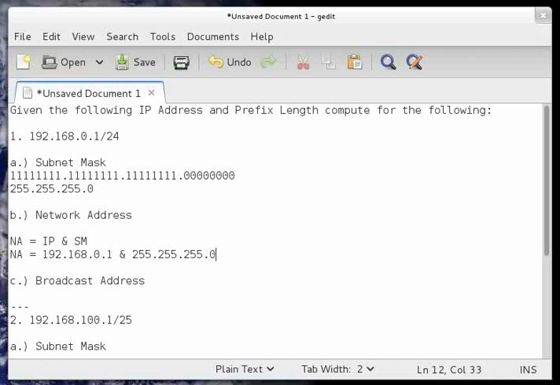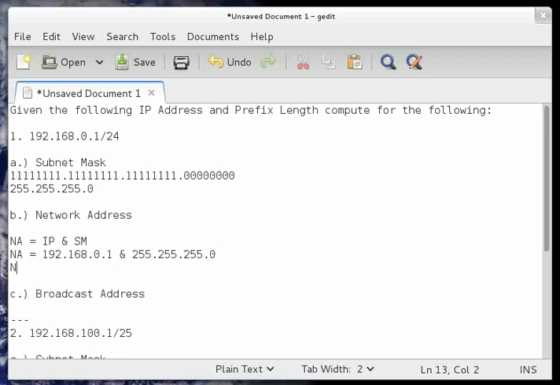Then we apply the logical AND to each and every number. So 192 AND 255 is 192, 168 AND 255 is 168, 0 AND 255 is 0, 1 AND 0 is 0. And this gives you the network address.